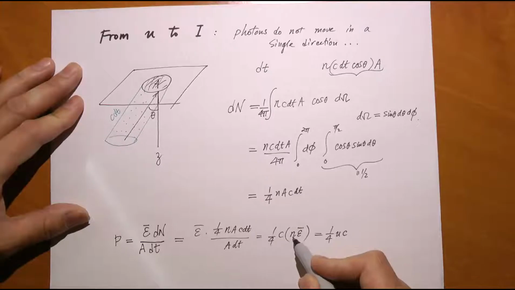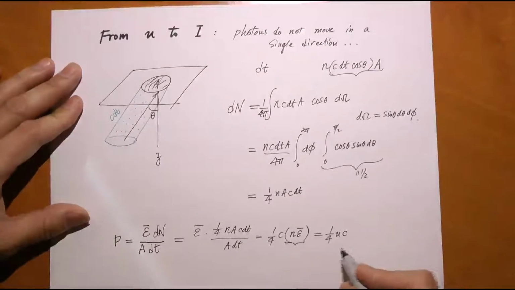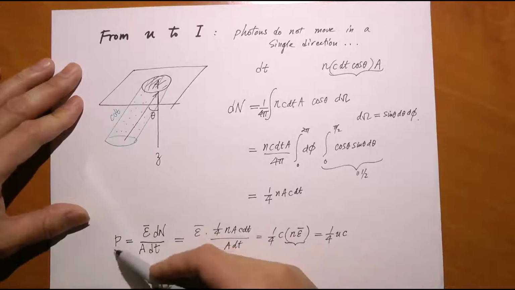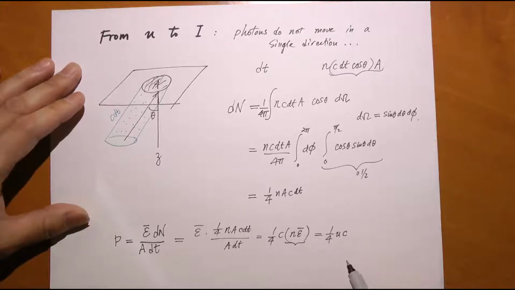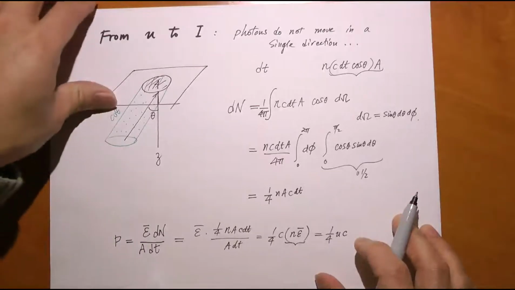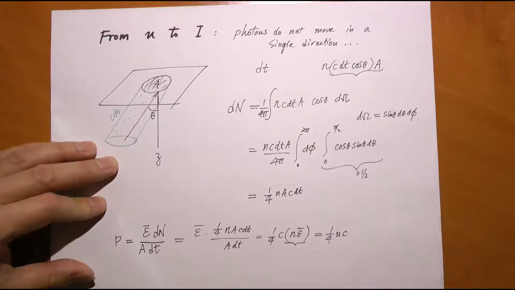And n is the number of photons per unit volume, so if you multiply these two together, you get the total amount of energy of all these photons per unit volume, and that by definition is U, the energy density, big U over V, remember? So this is how you relate the radiation power and the energy density within: 1/4 U times c. This is the total power radiated. But what about the power radiated per unit wavelength, which is eventually what we're looking for? So I have to differentiate P with respect to lambda.